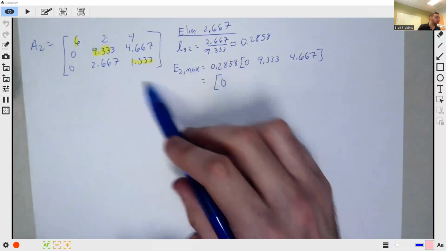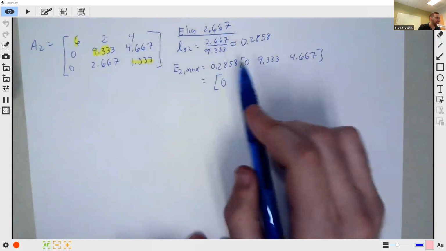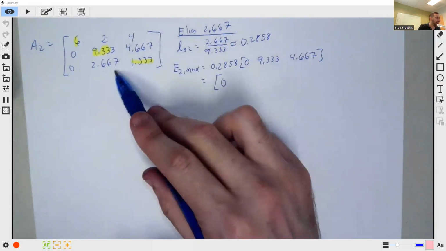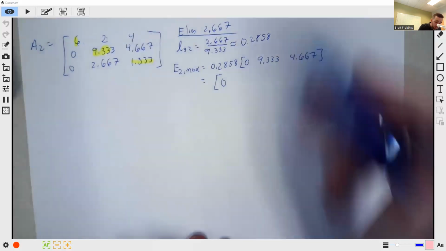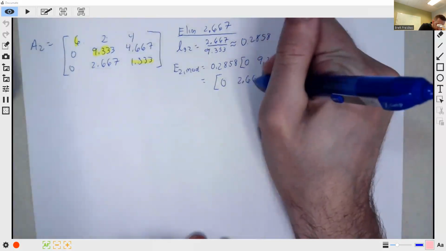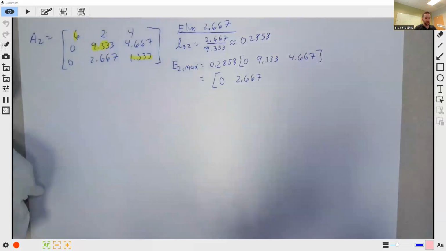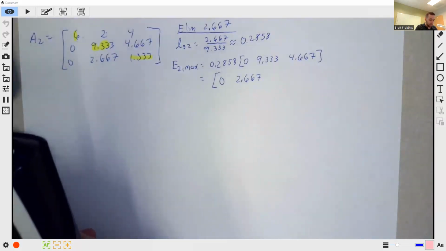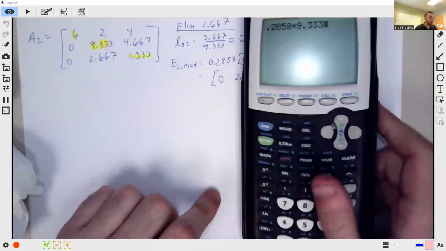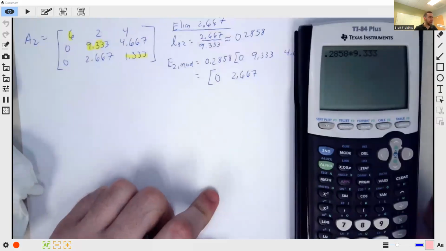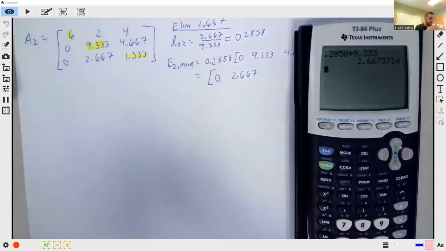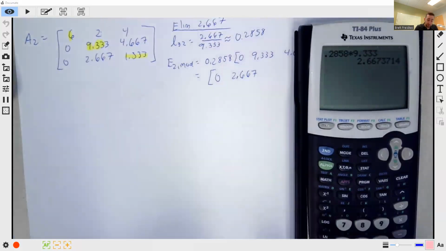But because we know we're eliminating this, this will end up matching this value no matter what. We have to have that match in order to do Gaussian elimination. We could check. I'll multiply it out just to see 0.2858 times 9.333. That's 2.667 with rounding or chopping. So it actually is fine.